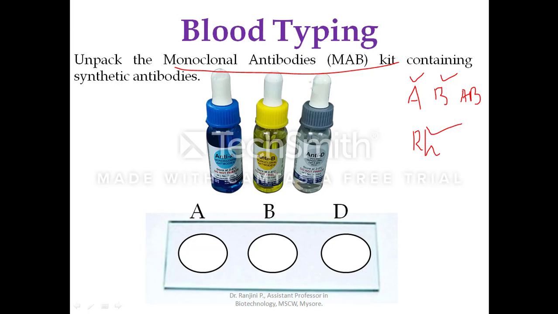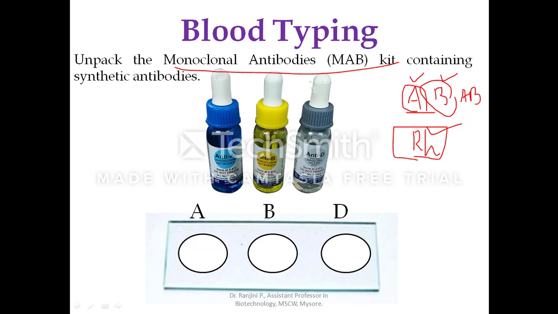Here these antibodies are monoclonal antibodies which are raised against the specific antigen. For example, anti-A monoclonal antibodies are raised against antigen A, and anti-B antibodies are raised against antigen B. And you have the anti-D antisera, which is raised against the Rh antigen. These synthetic antibodies will recognize or identify the specific antigen in the blood sample.